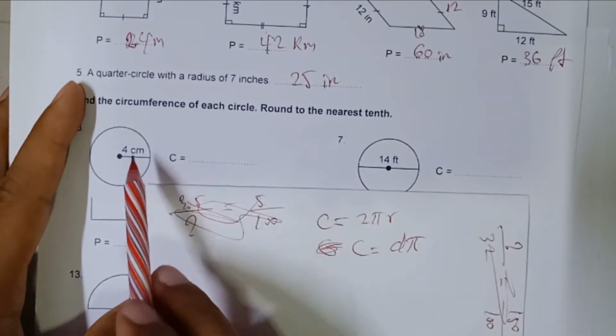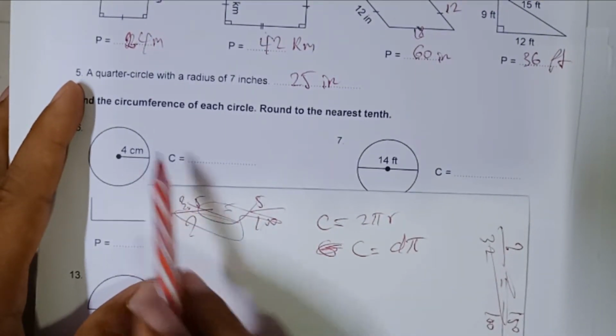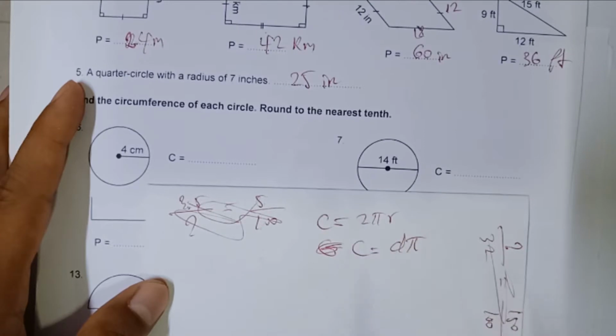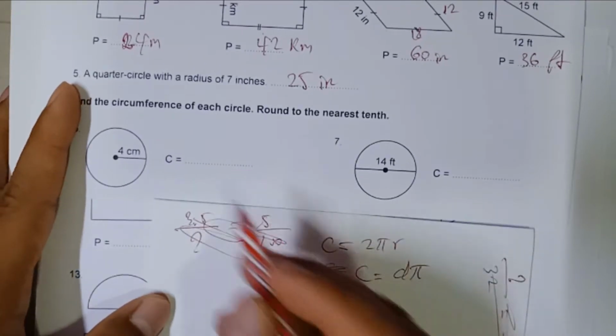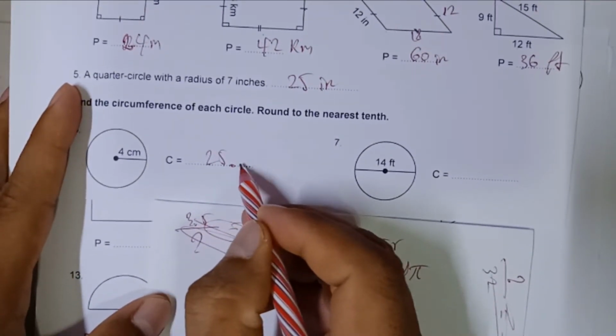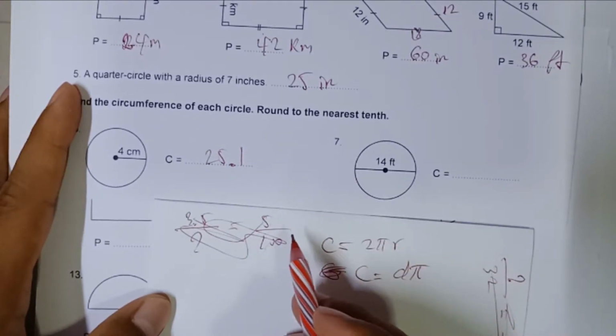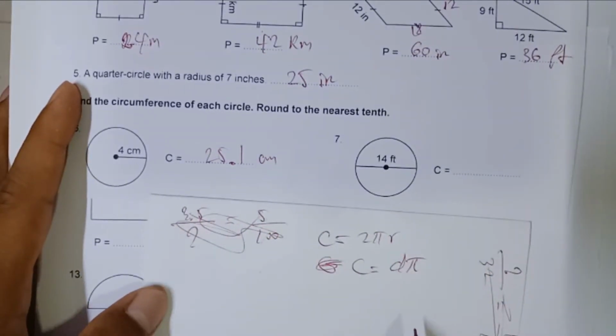So for this number, 2 pi r, you have 2 multiplied by pi, and then you multiply by r, with the radius 4 in this case. After that, round to the nearest tenth. That gives you 25.1. This is in centimeters.